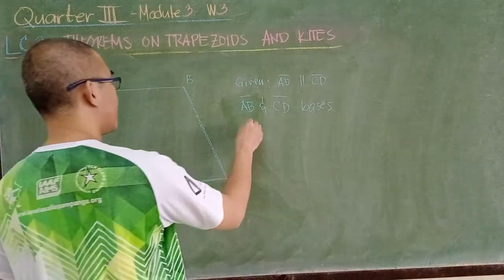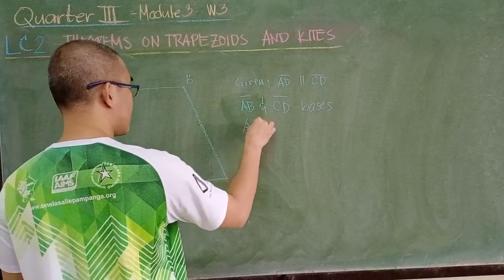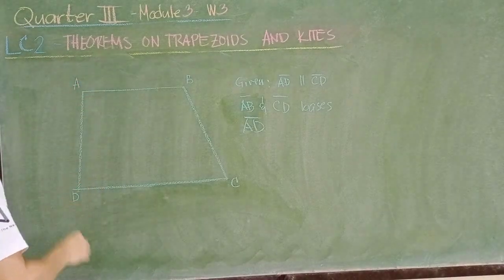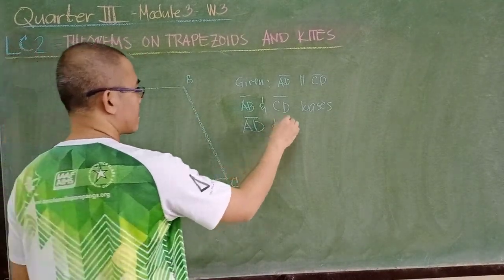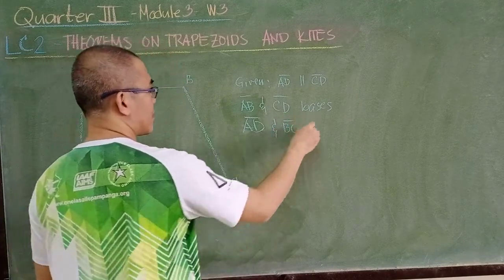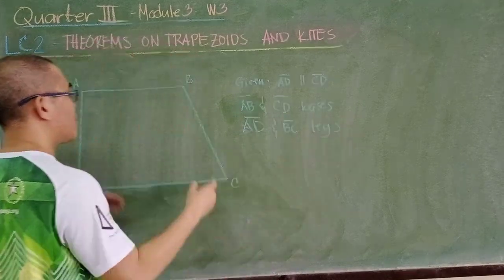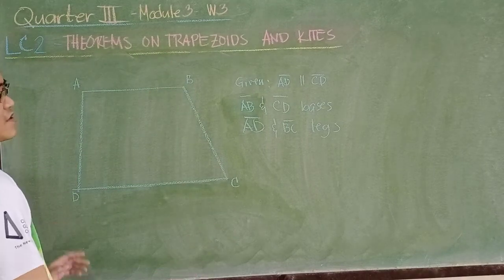And then, line AD, this side, and line BC, this side, are called the legs. The non-parallel sides are called the legs.